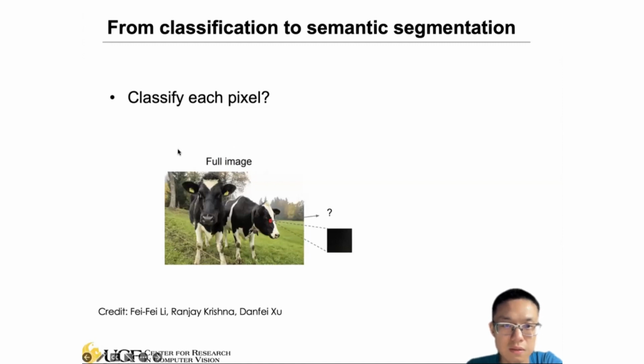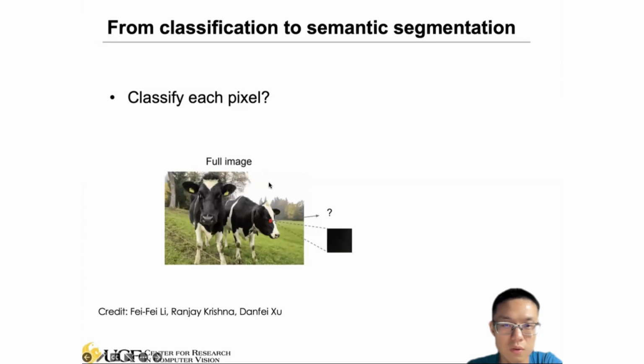Fundamentally, there is nothing different in semantic segmentation as compared to classification. More or less, it's just doing classification. So what we can do is change the unit. For image classification, the basic unit is the entire image, but for semantic segmentation we are dealing with pixels.